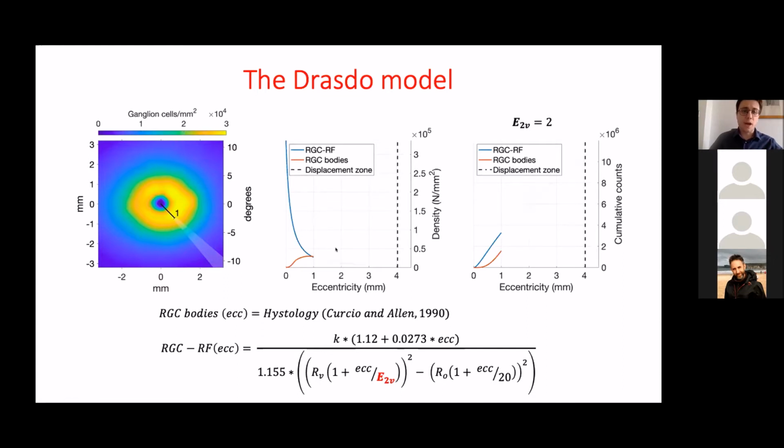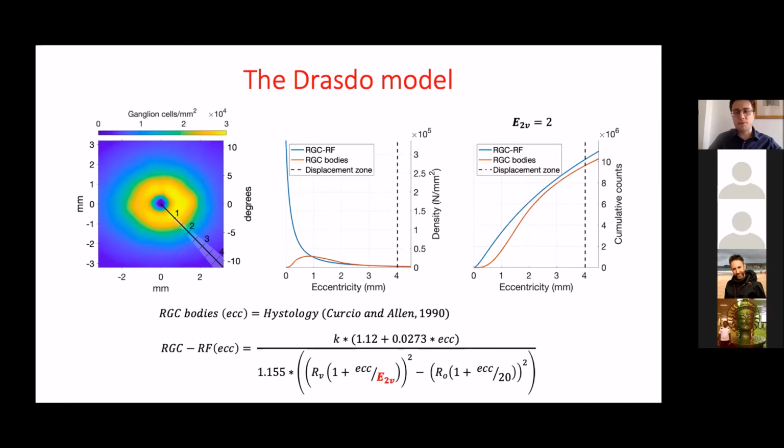As we move away from the fovea, you can see that they start off very different, but then they become much more similar. Ideally, the cumulative counts of the ganglion cell receptive fields should match exactly the counts from the ganglion cell bodies.